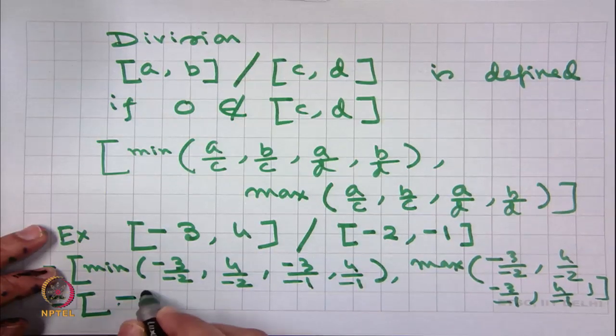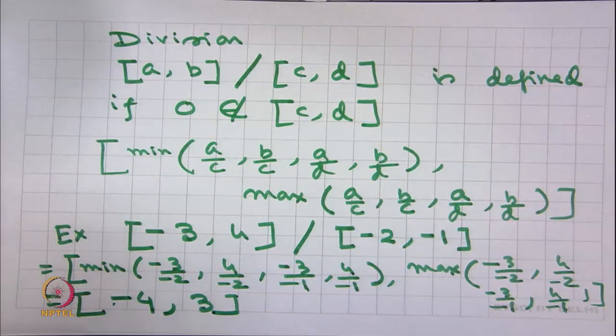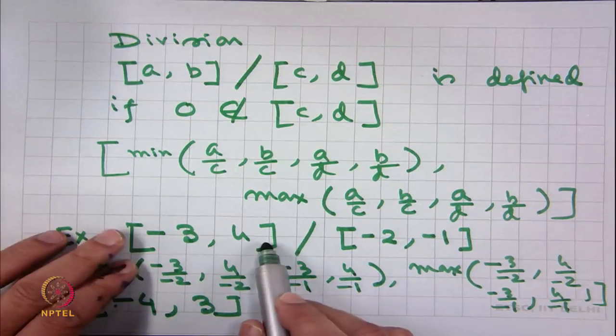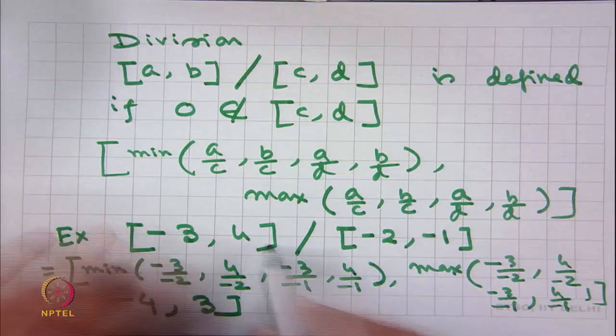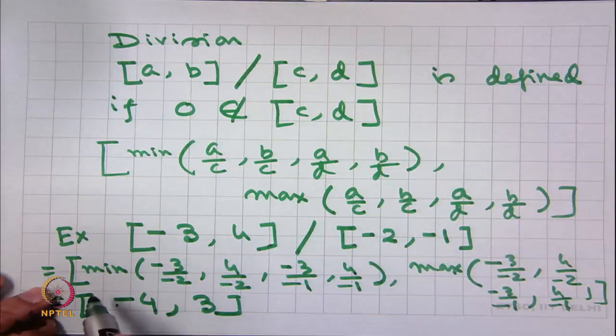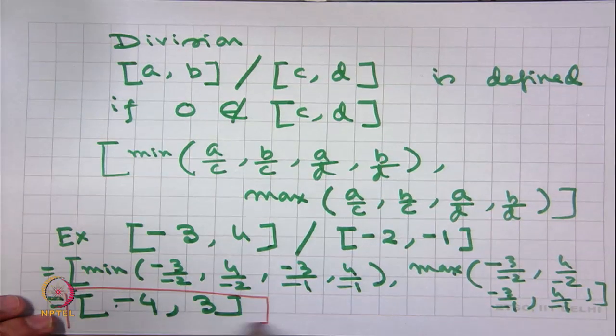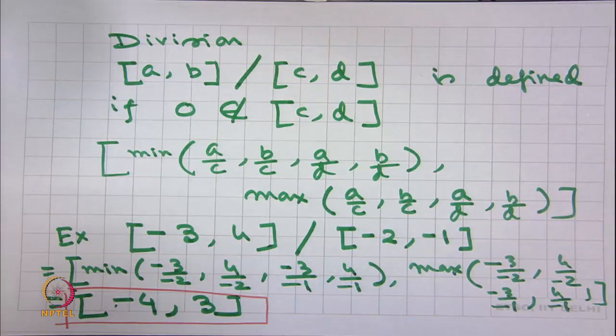So, the lowest is minus 4 and the highest one is going to be minus 3 by minus 1, which is equal to 3. So, dividing the interval [minus 3, 4] by the interval [minus 2, minus 1], the output is the interval [minus 4, 3].